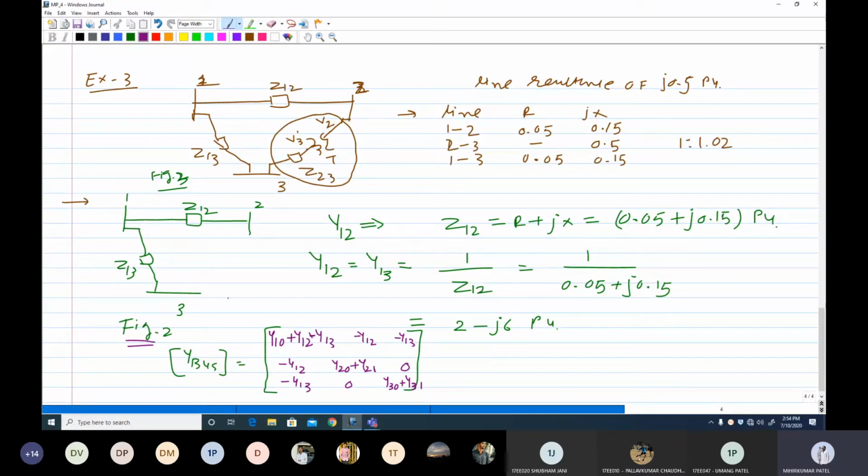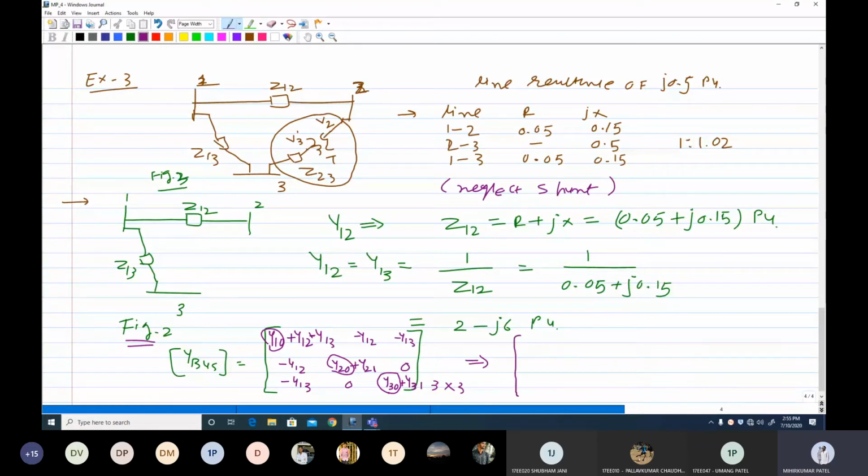So from the theory we can say the size of the Y-bus matrix for this network is 3 cross 3. Now substitute the values. One thing is given: neglect shunt or line charging admittance. So the values of Y10, Y20 and Y30 will be 0.